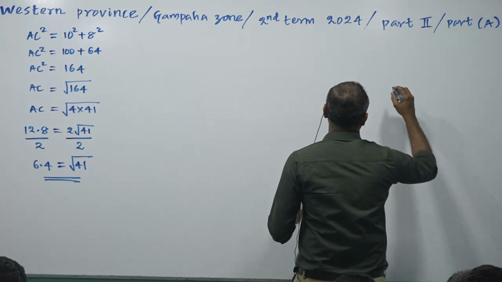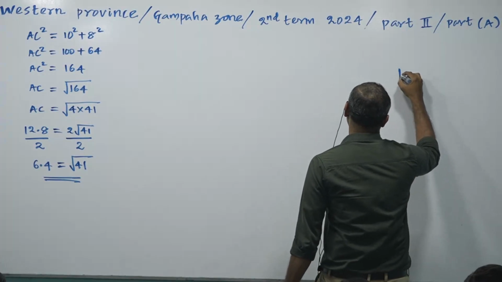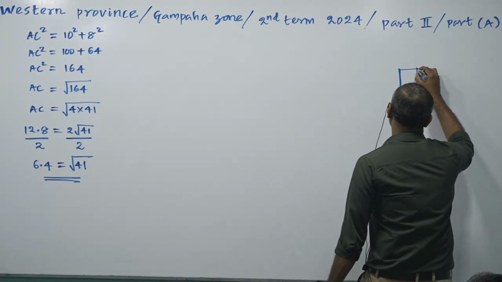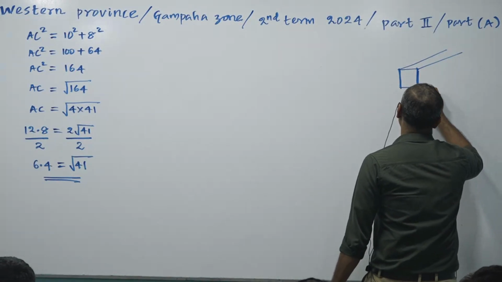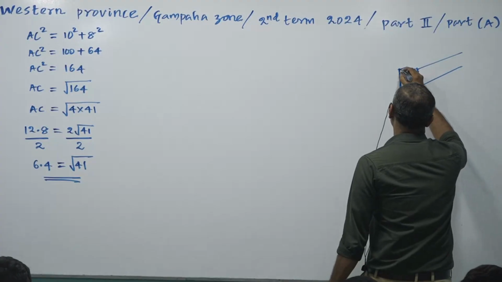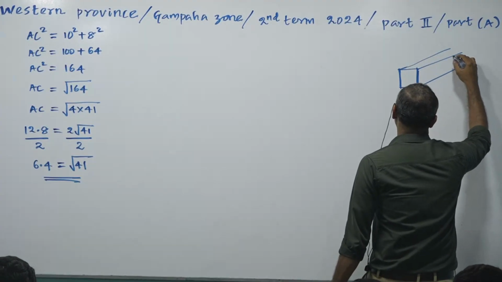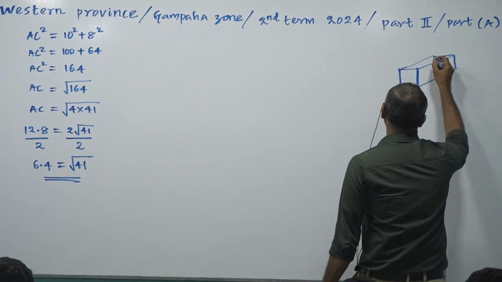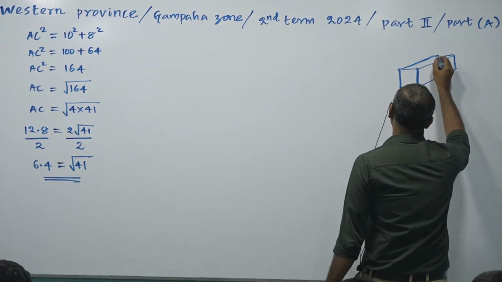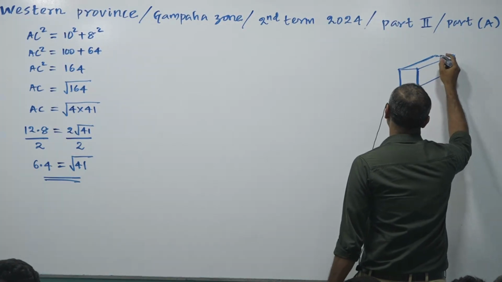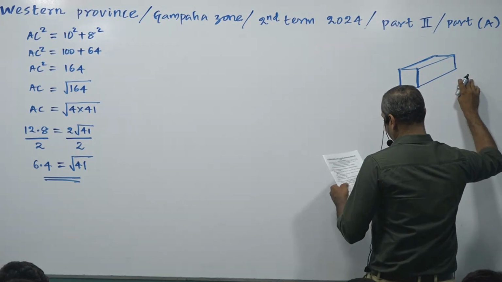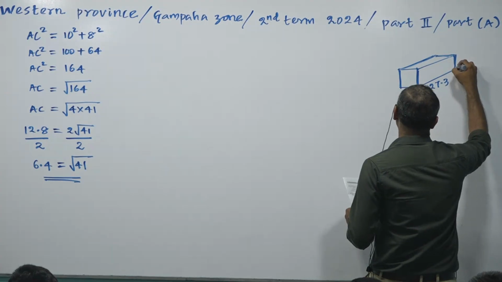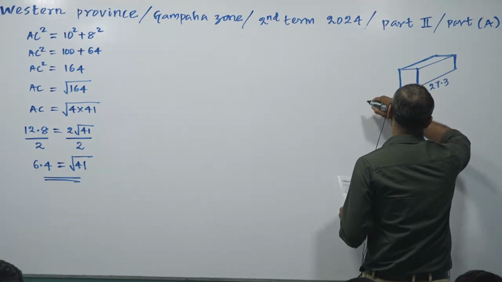Okay, but here you have a cuboid shaped lead block. What is the length of it? The length is given. Length is 27.3. That is the length of the block.